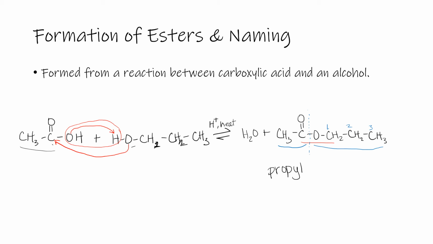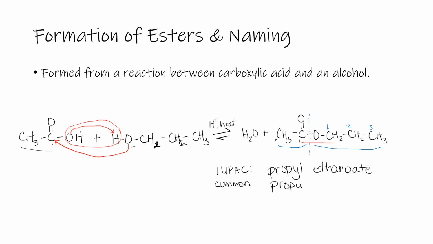And then we name our acid as the last part. So how many carbons came from the acid? We had 2 carbons that came from the acid. And so that is ethane, and you drop the E and add OATE. So propyl ethanoate is the IUPAC name of this. The common name, because it's formed from ethanoic acid, we can use the acetyl group for that.